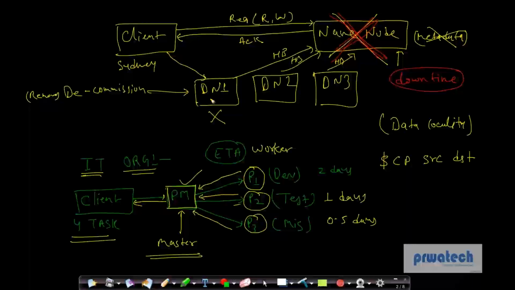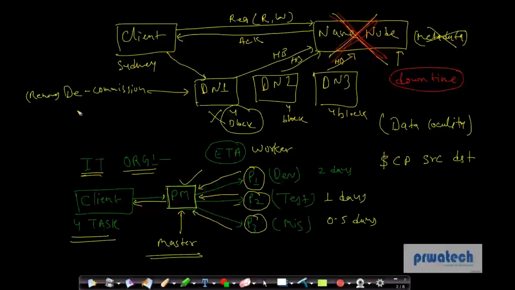And obviously when I'm removing, whatever data is available in this data node must be lost. Suppose here I have 4 blocks copied in this data node. If this data node is lost, I lose the 4 blocks also. But the replicas of these 4 blocks are available here also, and here also.